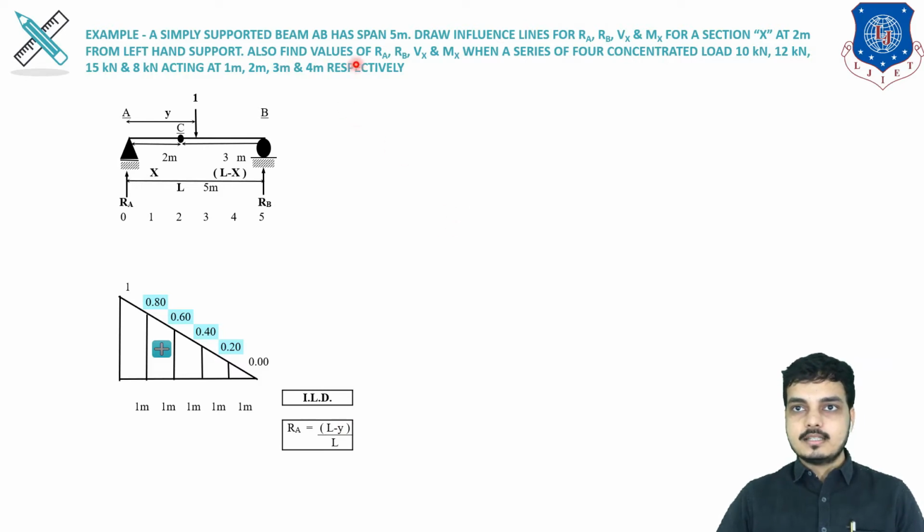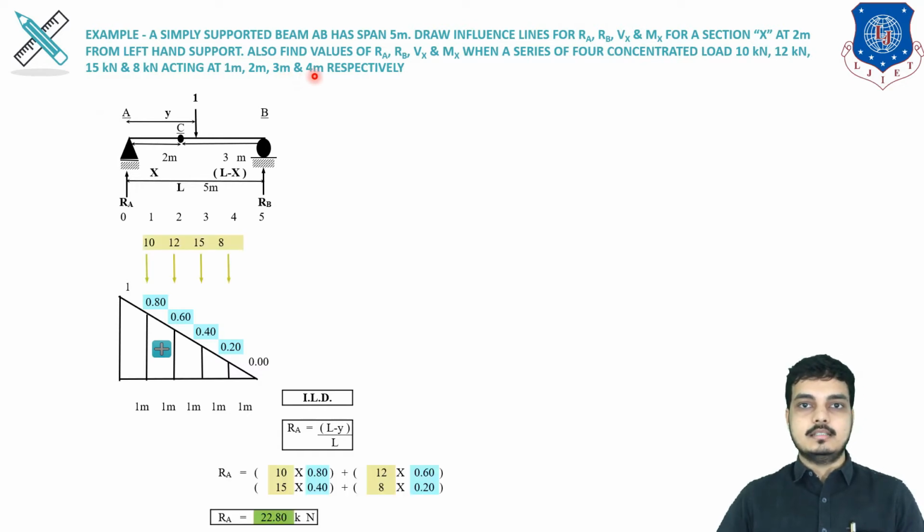Now here it has been asked to find the value of respective RA, RB, VX and MX for these 4 loads acting at 1 meter, 2 meter, 3 meter and 4 meter. Let's see. Now look, this 10 kilonewton is acting at 1 meter. So at 1 meter 10 kilonewton.